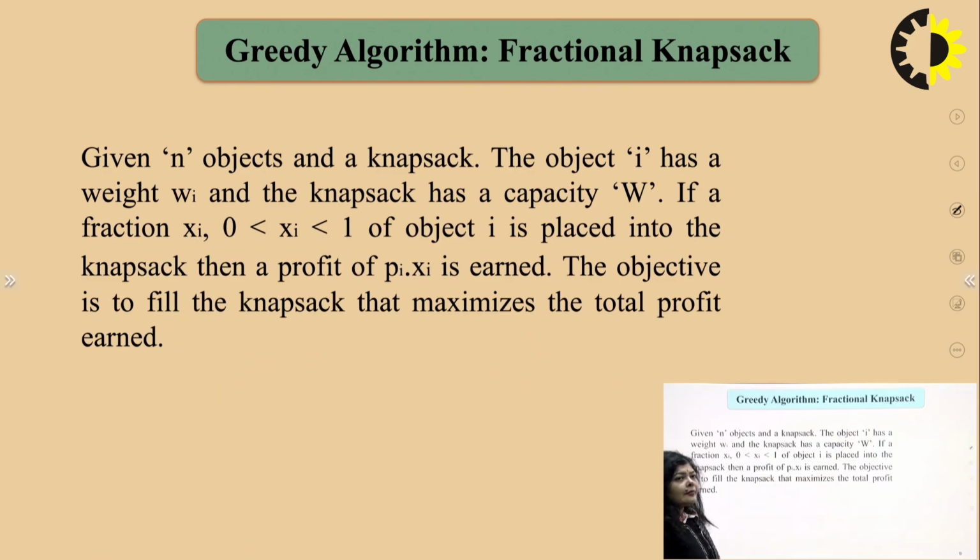In the fractional knapsack approach, apart from choosing the whole object as is, we also can take out a certain fraction of the object and add it to the knapsack.